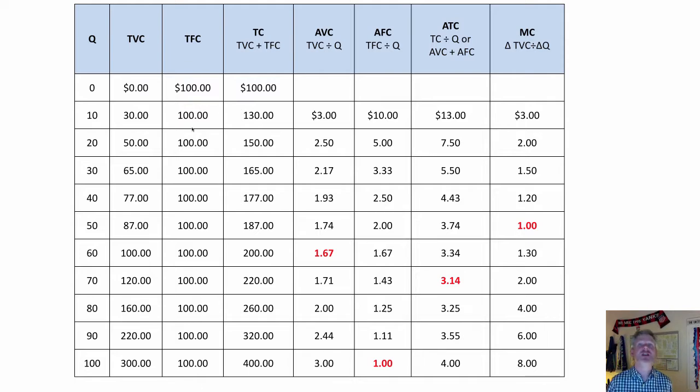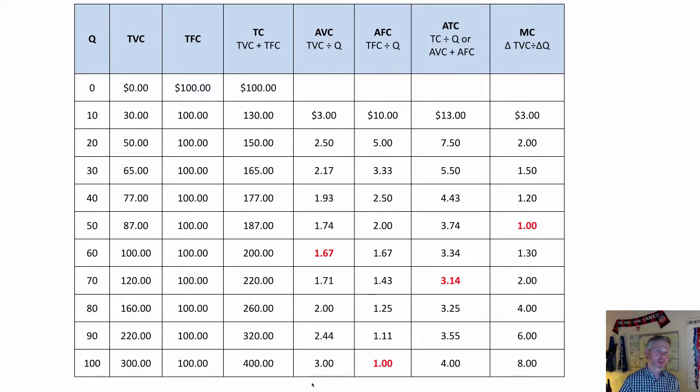That's the definition of a fixed cost. It's a fixed input. It doesn't change with the quantity of the good that we're producing. So total fixed cost will stay the same. Total cost is just total variable cost plus total fixed cost. So 0 plus 100 is 100, 30 plus 100 is 130, all the way down.